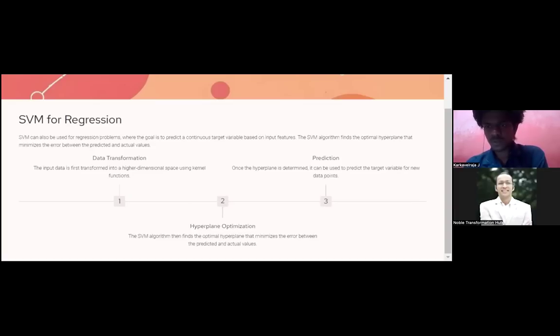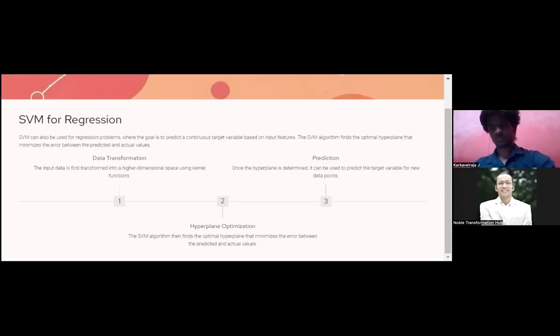That is the main element of an SVM. Let's go through three elements for the regression. First, the input data is transformed into a higher dimensional space using kernel functions. You know what a kernel is.